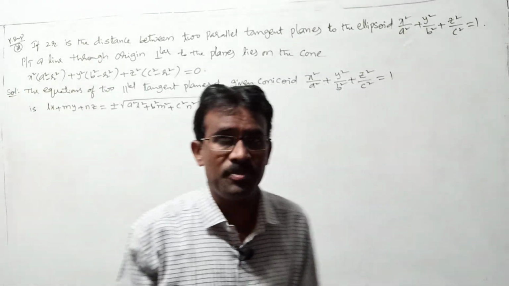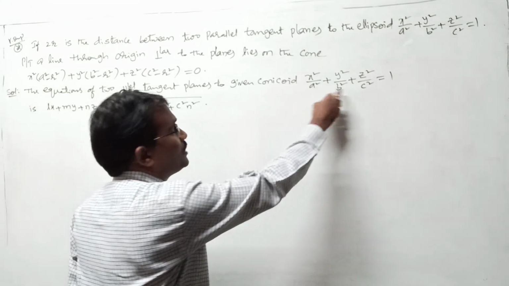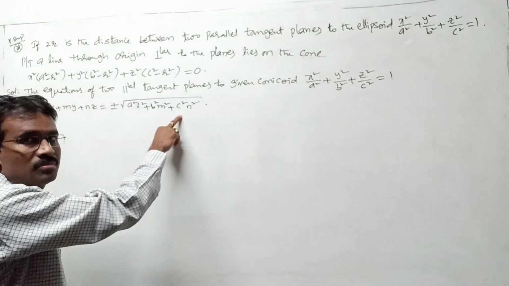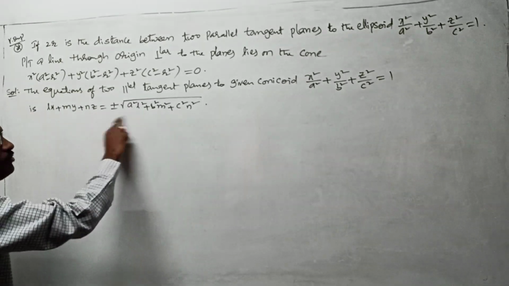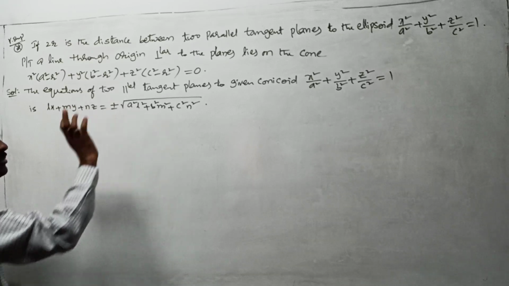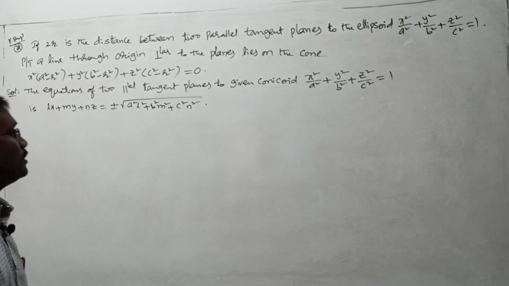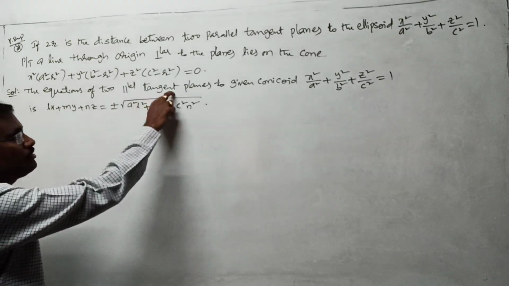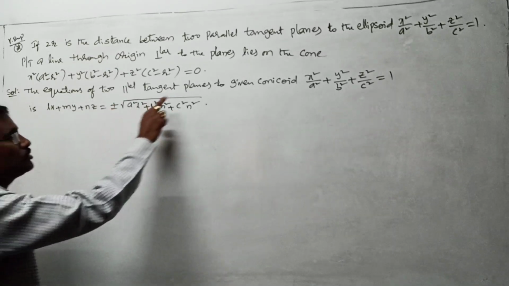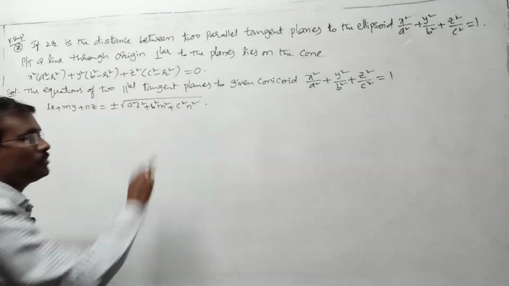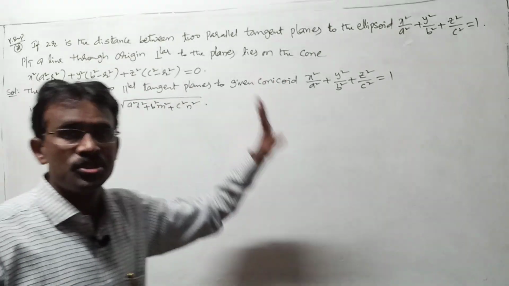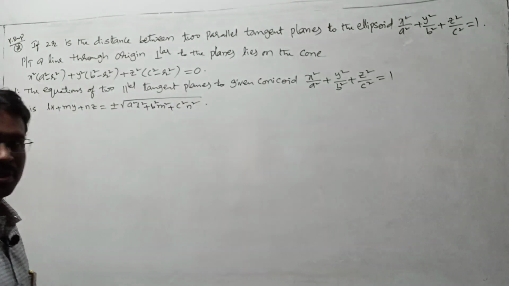After theorem number 2, I explain more. If your conicoid is like this one, then the value should be this. Now lx + my + nz equals what? Then you have plus or minus. I want to take both: according to the positive sign you get one tangent plane, according to the negative sign you get the other tangent plane. Both are parallel tangent planes to this conicoid.